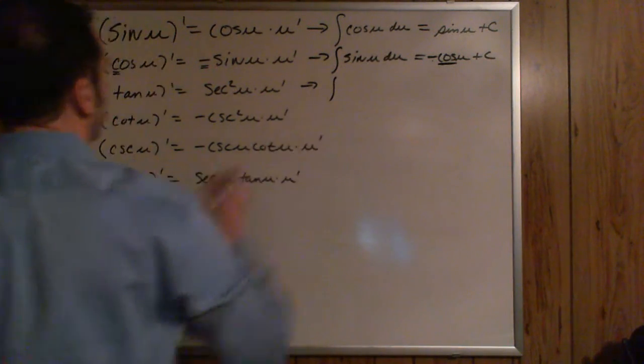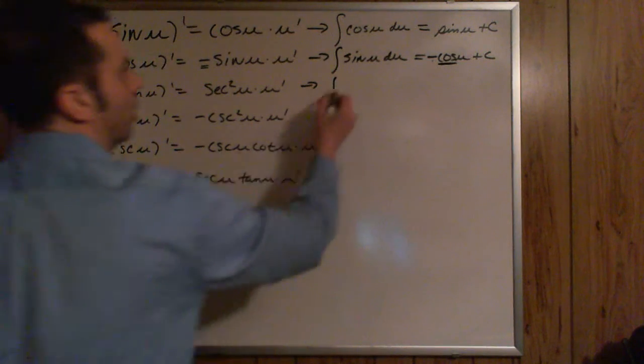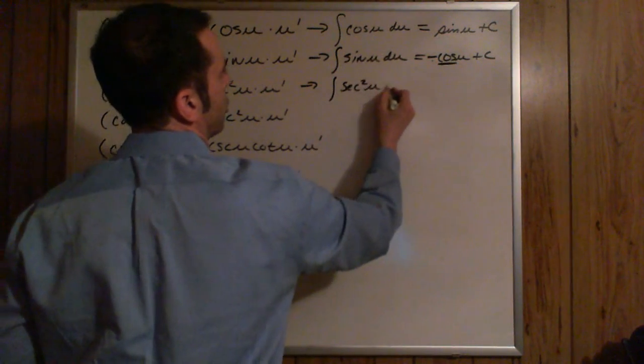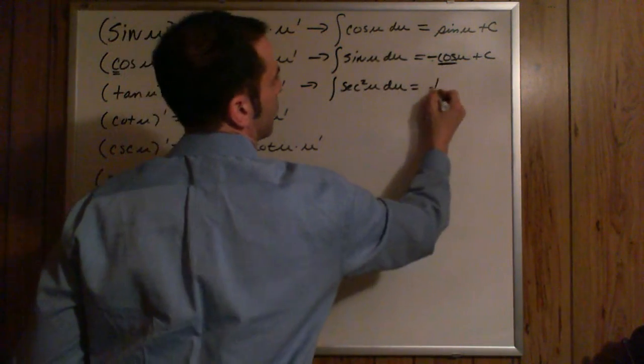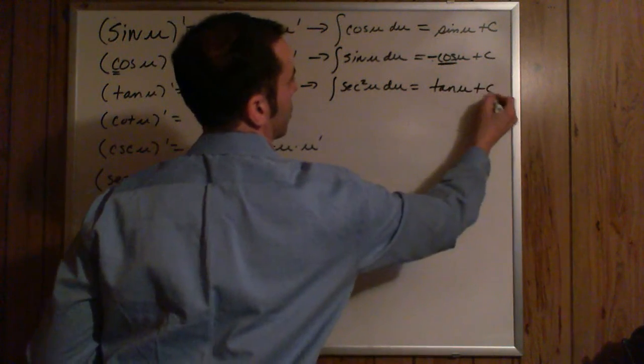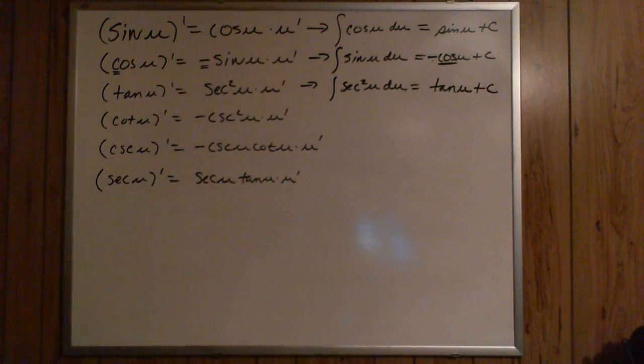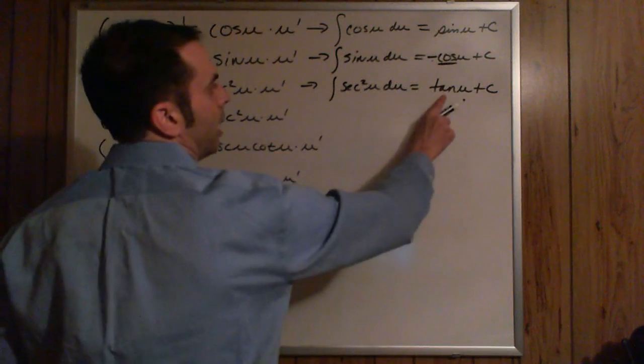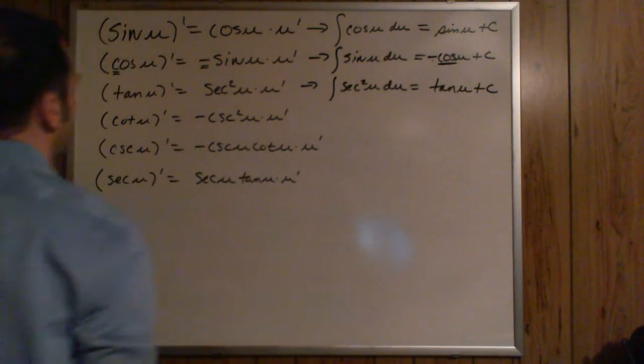Next, this would imply that the indefinite integral of secant squared u du is equal to tangent u plus c, because the derivative of tangent is secant squared.